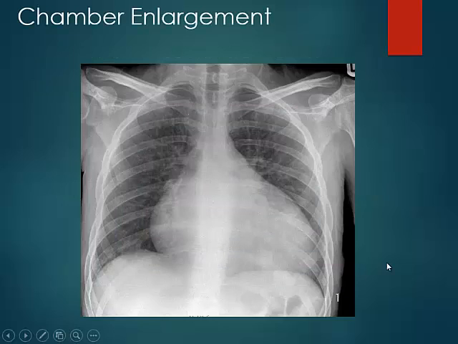Okay, so let us look at some specific cardiac chamber enlargement. The patient has cardiomegaly, no doubt. The heart is enlarged in size. If it's obviously enlarged, you don't have to measure the cardiothoracic ratio. So which chamber is enlarged here, you think? Both atria. Which atrium? Both atria. How do you say that? Prominent?